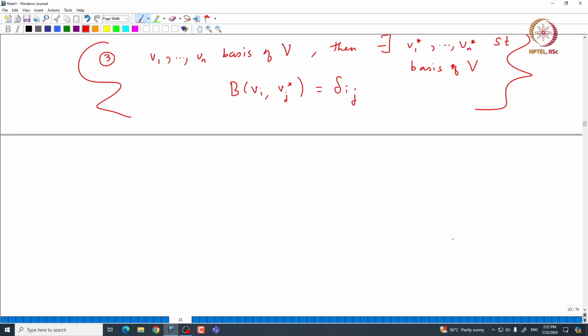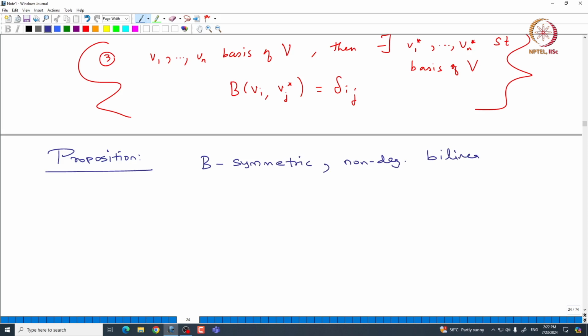So let us prove that proposition. Let us start with a symmetric non-degenerate bilinear form on a given vector space V.